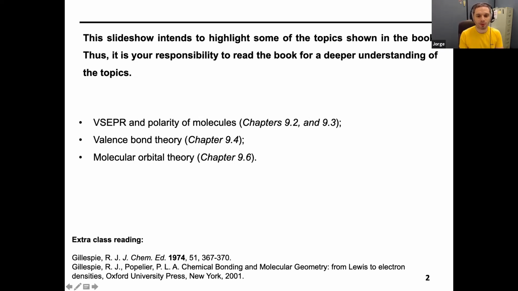In this chapter, we will basically talk about the VSEPR model and polarity of molecules. Unfortunately, we will have to skip valence bond theory and molecular orbital theory due to time constraints. So therefore, just the first topic will be covered in this chapter.